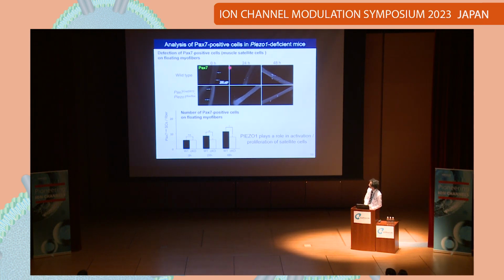We examined the proliferation capacity by detecting Pax7 expression, the muscle satellite cell-specific transcription factor. In wild type, the proliferation of muscle satellite cells was clearly detected like this, while a delay of proliferation was observed in Piezo1-deficient mice, suggesting that Piezo1 plays a role in proliferation of satellite cells.